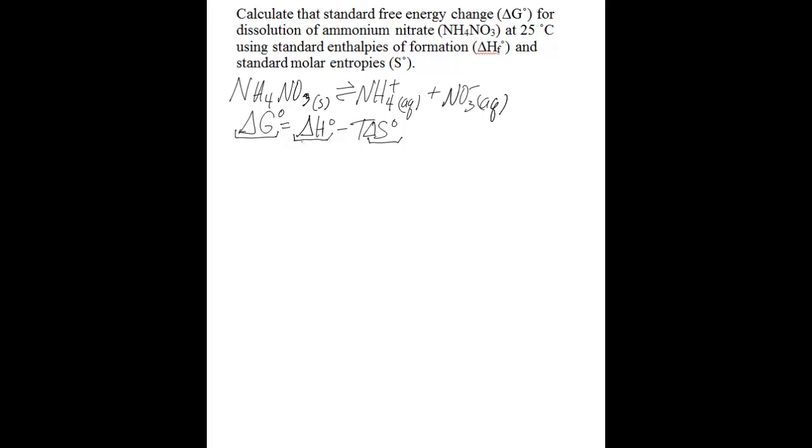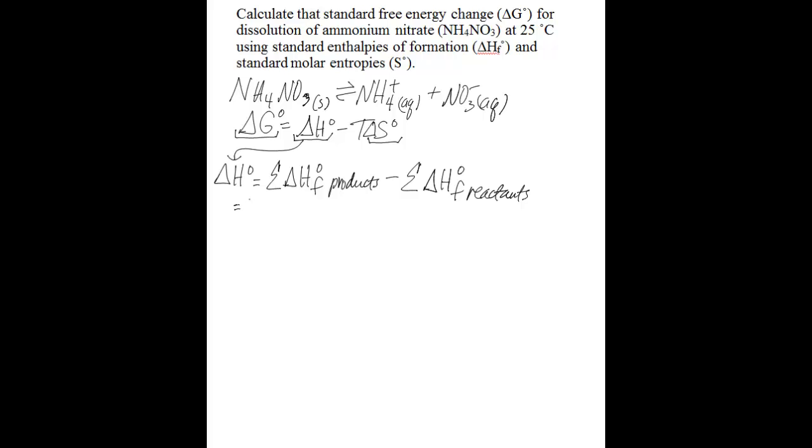So in the first case here, to find the enthalpy of reaction, you take the sum of the enthalpies of formation for the products, and you subtract from that the sum of the enthalpies of formation for the reactants.